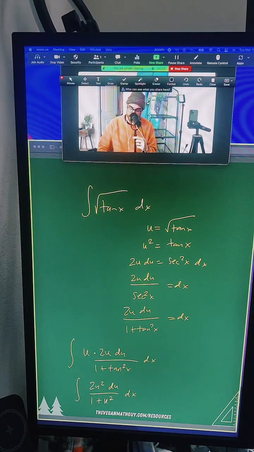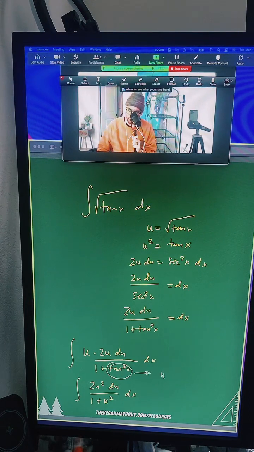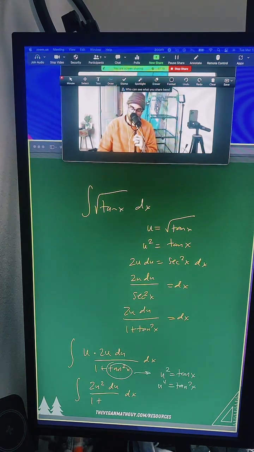Why? Because the tan is a u. Okay, I'm sorry, I don't know why I did u squared. If you recall, u squared is equal to tan x, so u to the fourth is tan squared x. So on the bottom, instead of u squared, I'm going to do u to the fourth.